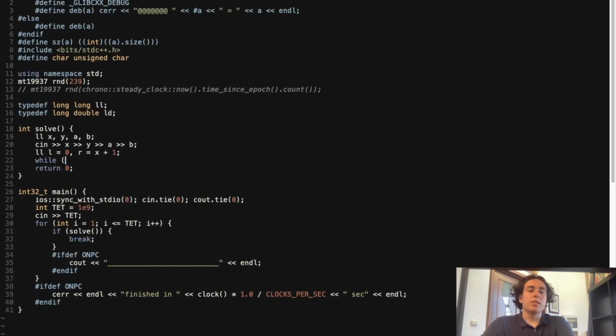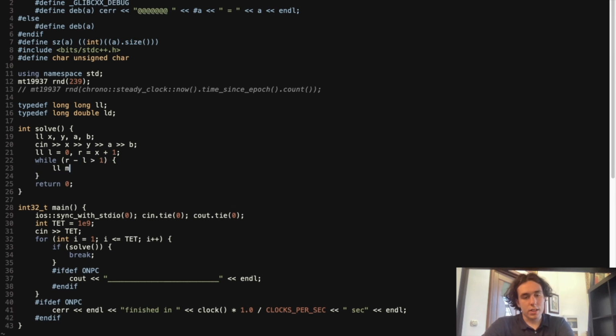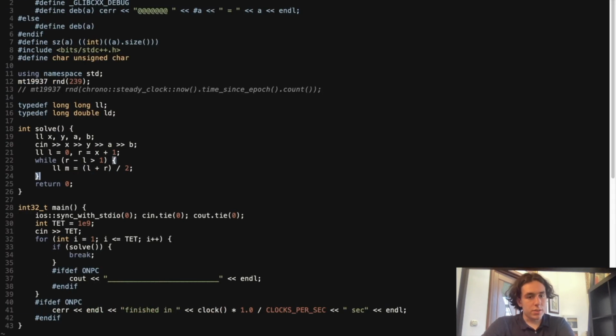While R minus L is more than 1, we take M, which is equal to (L plus R) divided by 2.